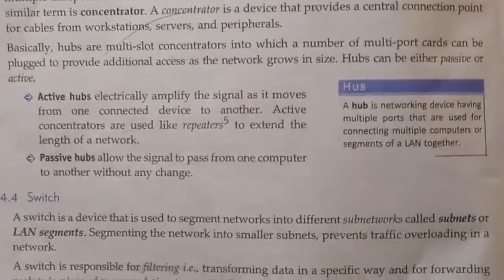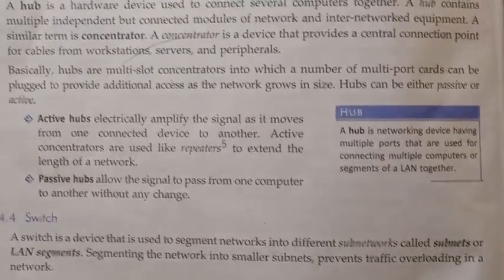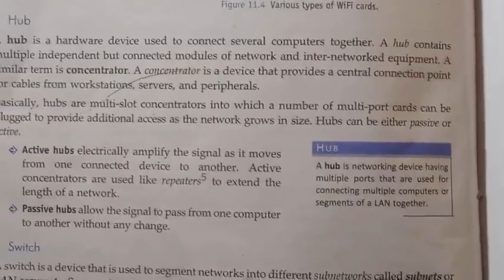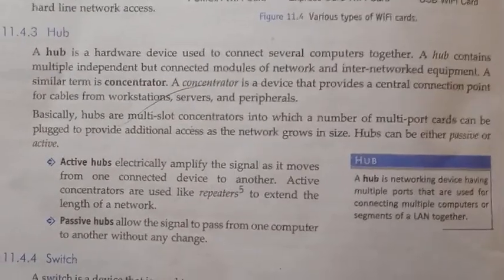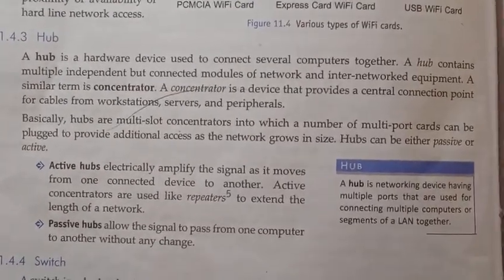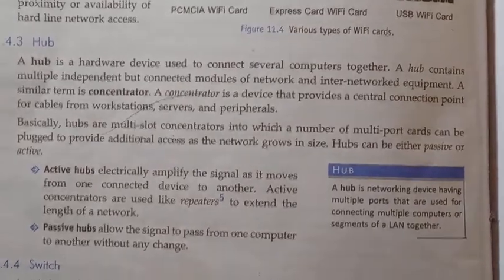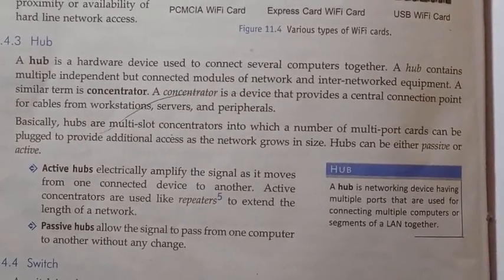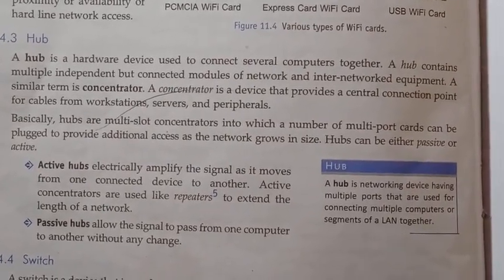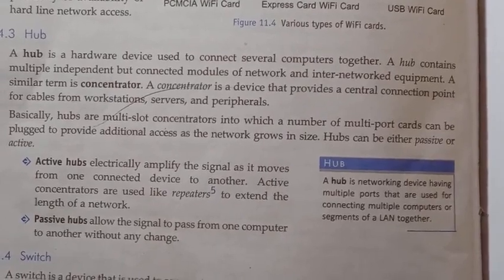There are mainly two types of hubs, active hub and passive hub. What is the difference between active and passive? In an active hub, we know that all the data are transferred in the form of signals.